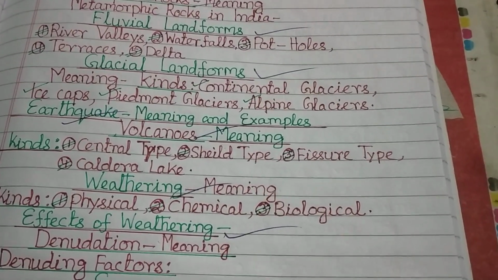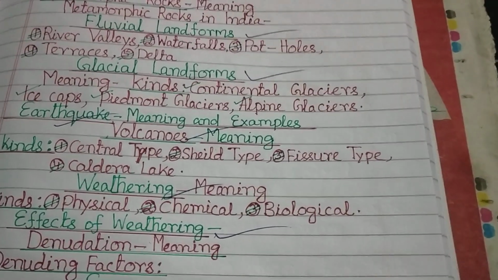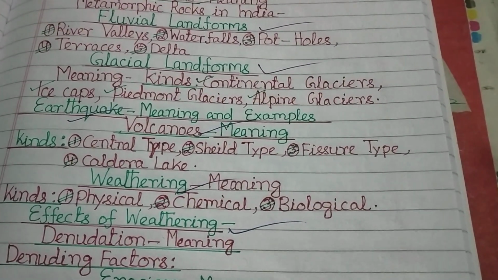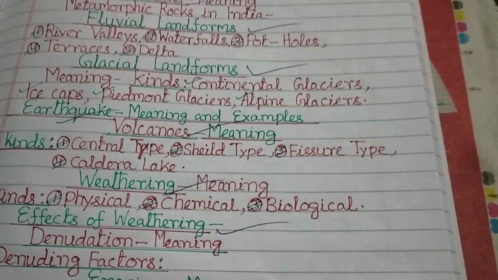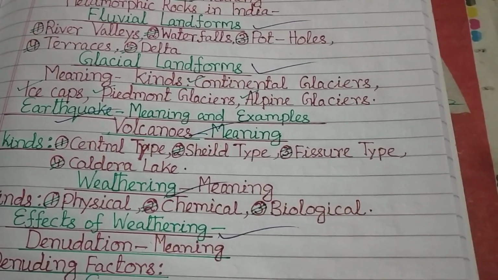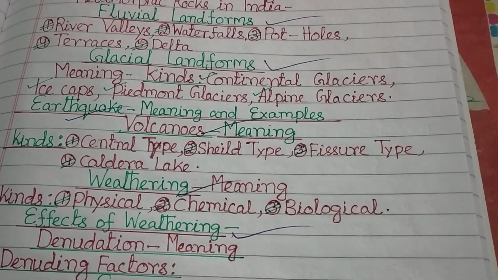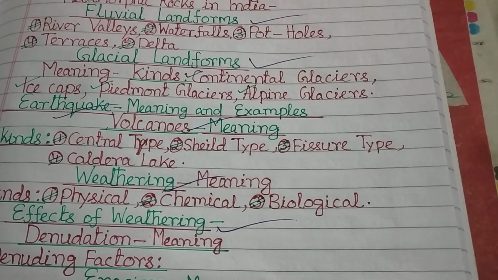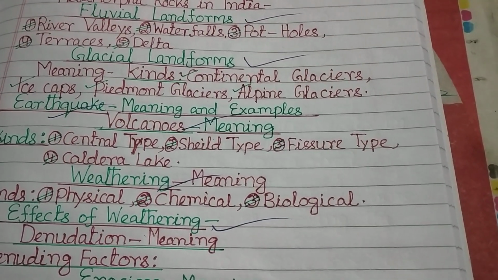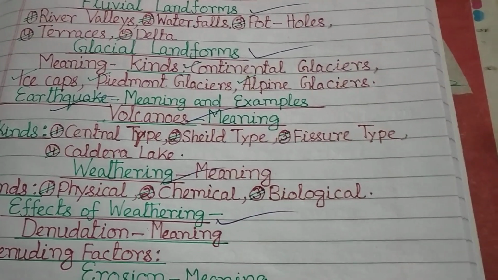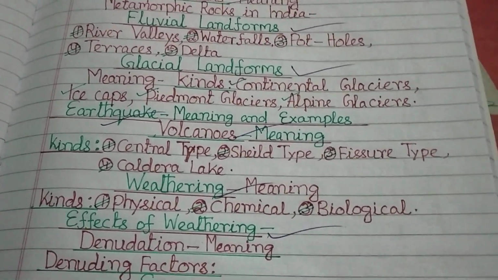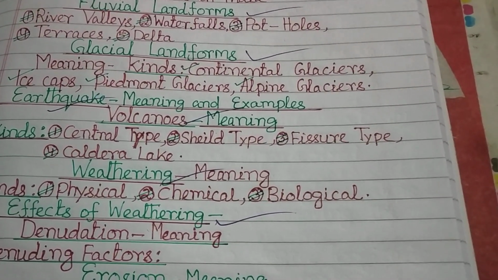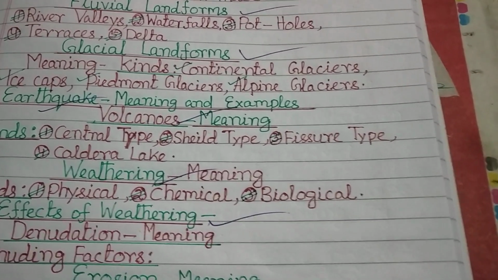And now we'll discuss the fluvial landforms, and that exactly relates to the extended depression on ground through which a stream flows throughout its course, called a river valley, and these landforms are created by a stream.